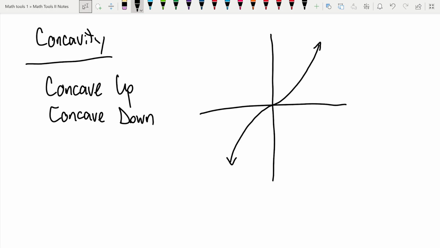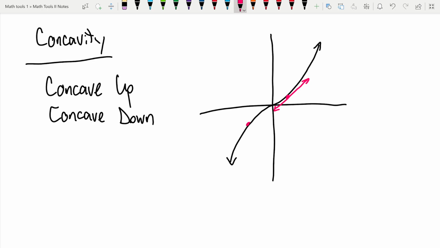Okay, so a more technical way of looking at it, let me go ahead and hand draw this graph here, is the way that the tangent lines of a function are above or below the shape of the graph. To the right of 0 here, all of the tangent lines are going to fall below the graph, right?